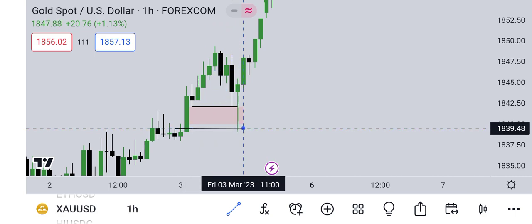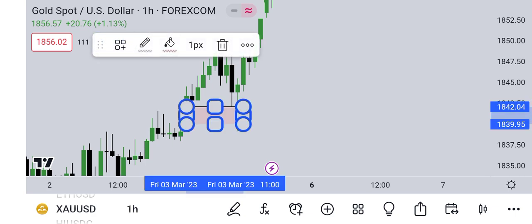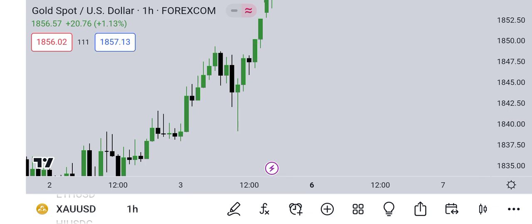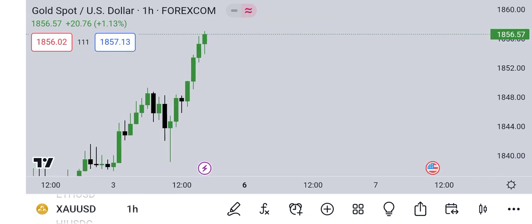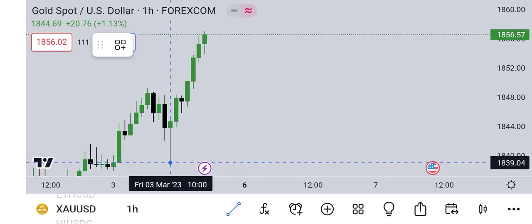Okay, so I'm saying that this institutional order flow for now is supporting bearishness. Okay, so let me delete this. So what I'm going to do now is pick my range from this low. I'll reference this low.